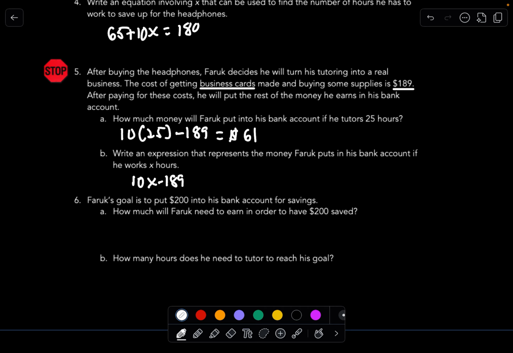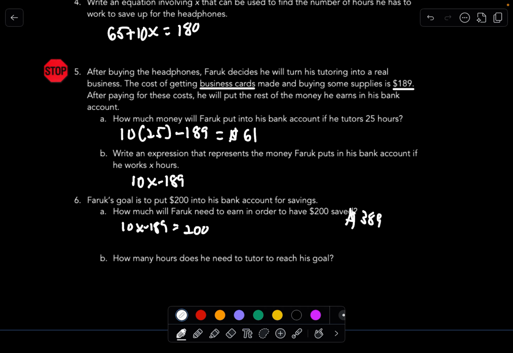If Farouk's goal is to put $200 into his bank account for savings, how much will Farouk need to earn in order to have $200 saved? Well, if you think about it, he wants 200 in his bank account, then that right there would be the equation, and you basically add 189 to 200, you get 389.